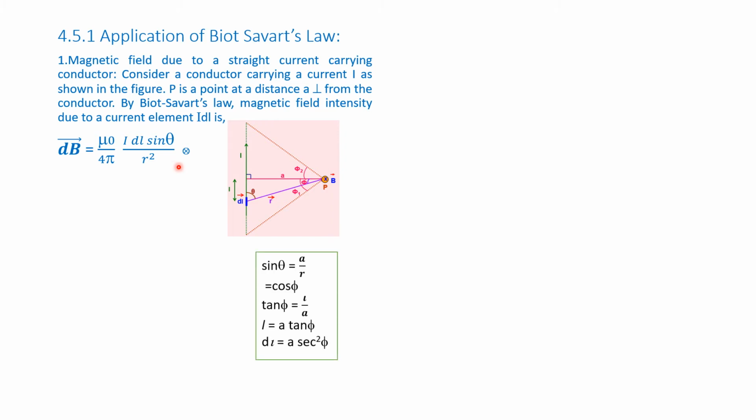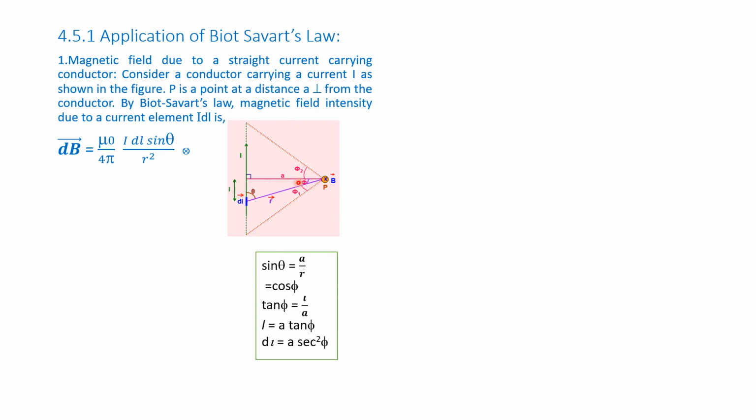Now we have to geometrically analyze some of the parameters given in this equation. Here sin theta is opposite side by hypotenuse. That is, the side opposite to this angle is A and the hypotenuse is r. There is another angle phi here, subtended between the perpendicular distance and the vector r.